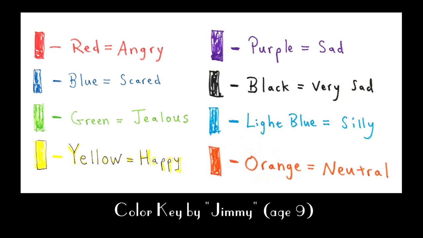And let's say the child makes a key. Happy is yellow, sad might be purple, anger might be red. Whatever color the child picks, it's not your color, it's not one that's in any book, and that is a key that he devises on the spot. You can help. If he doesn't know how to spell the word, you write it. But the kid usually will do this.